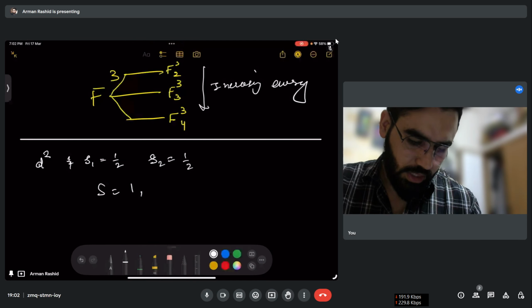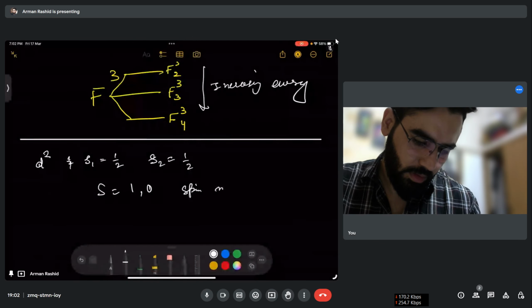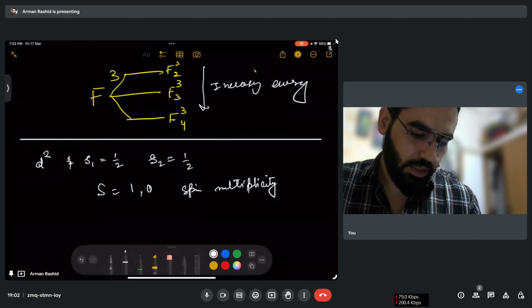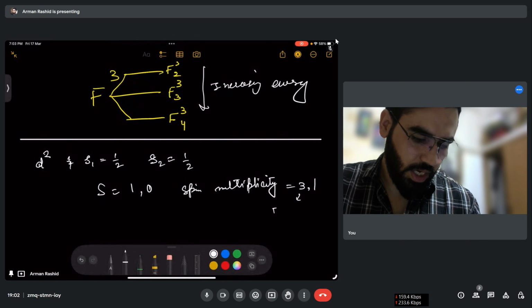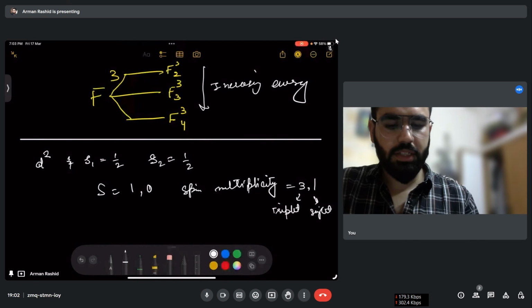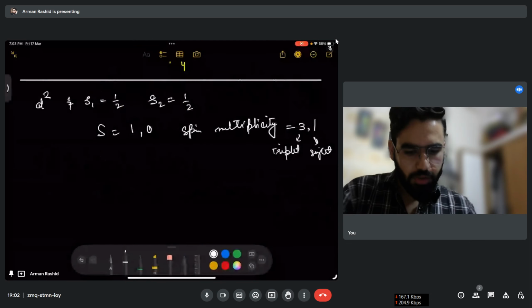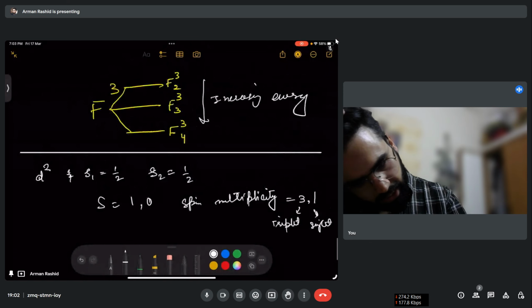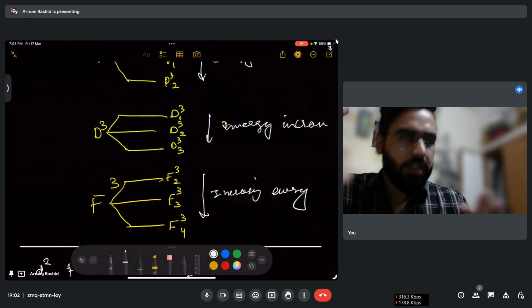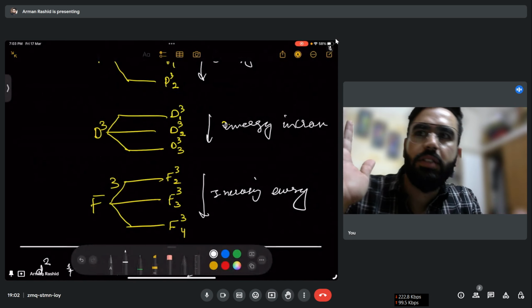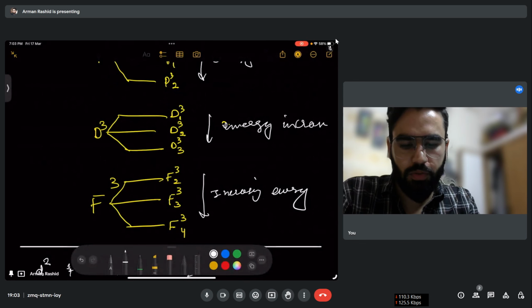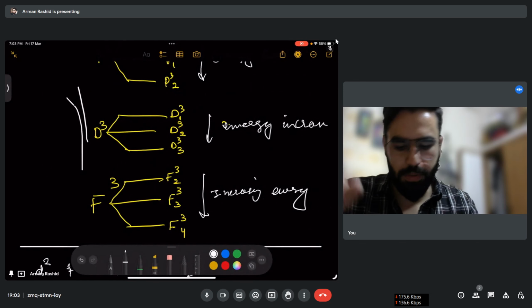Then spin multiplicity will be 3 or 1. This state is called a triplet, this is called a singlet. We all know that the triplet state is more stable than the singlet. In the previous case, since two electrons were present in two different orbitals, there was no issue, but now we will have an issue of spin pairing.